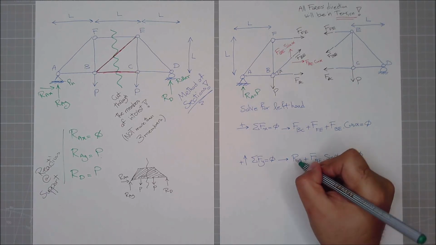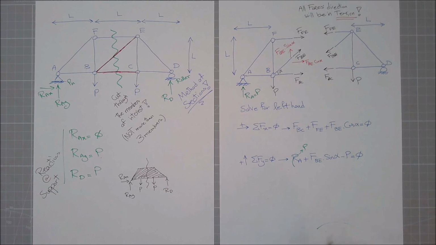I know that my RA is equal to P. I have already calculated it in the beginning of the previous one as well. I was calculating the unknowns of reaction. This is known, this is known. The only unknown is FBE. Can I solve it from here? Yes.